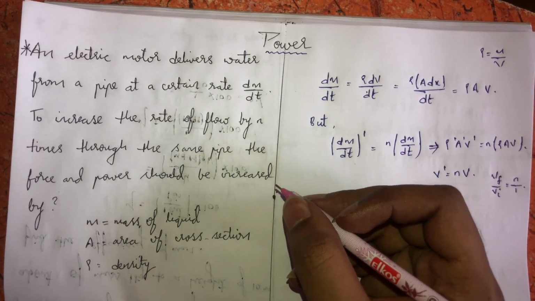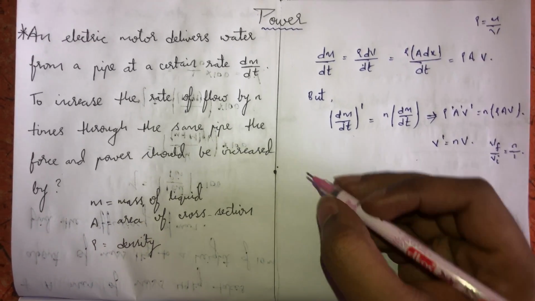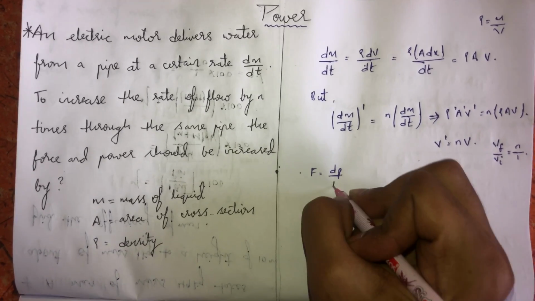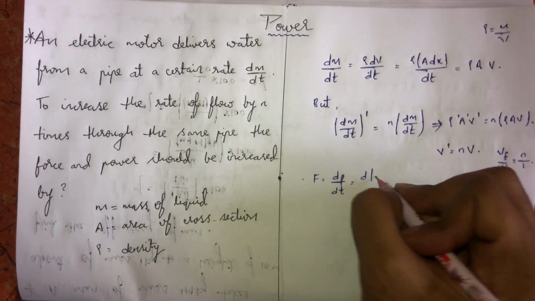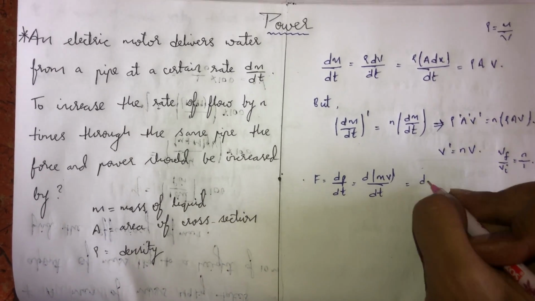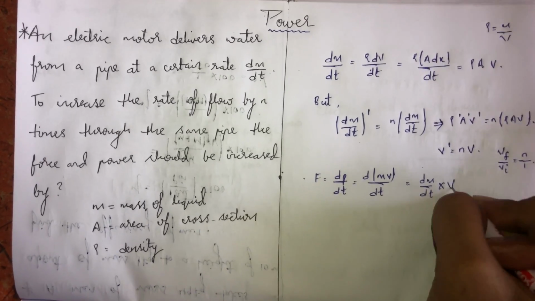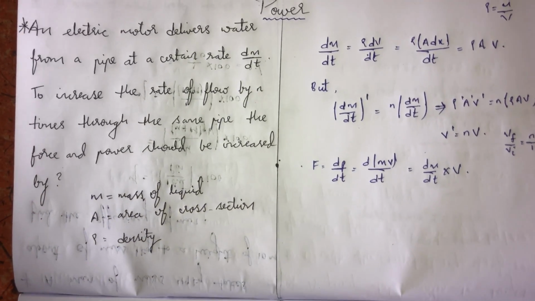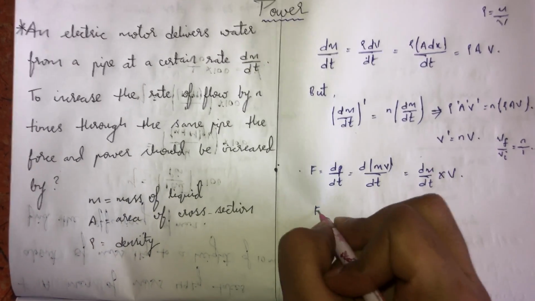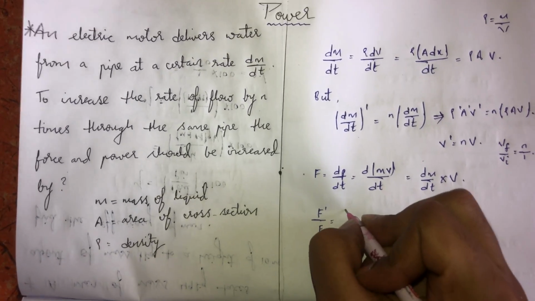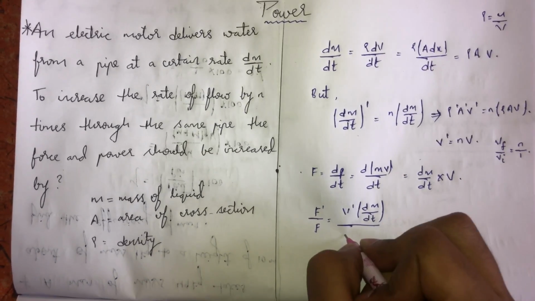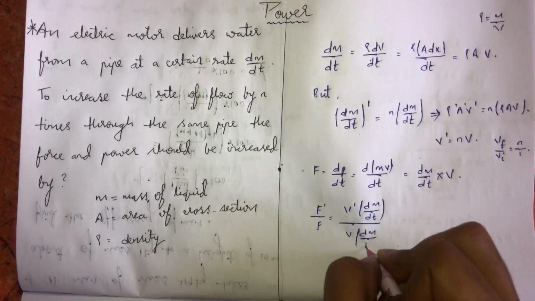Now they asked for the force and power. F will be equal to the change in momentum by time, where momentum is mv, so d of mv by dt, that is dm by dt into v. Then what will be the final force after the rate of flow is increased by n times? So F dash by F will be equal to v dash times dm by dt dash, by v times dm by dt.